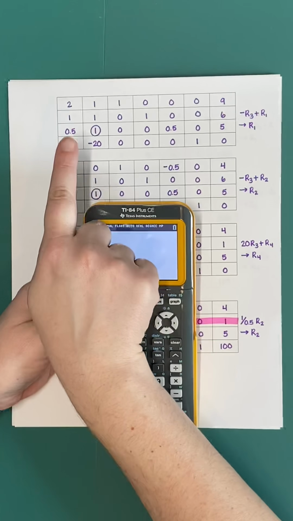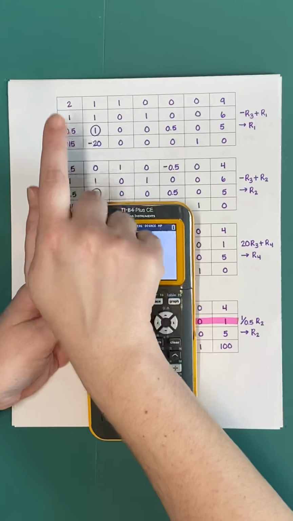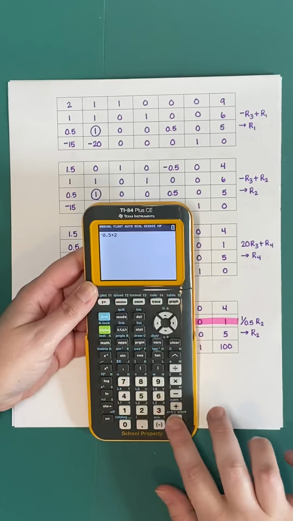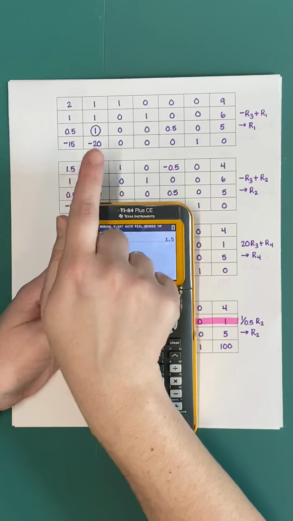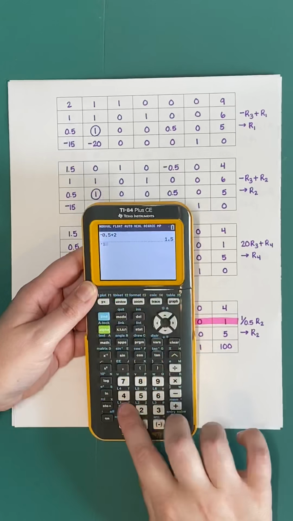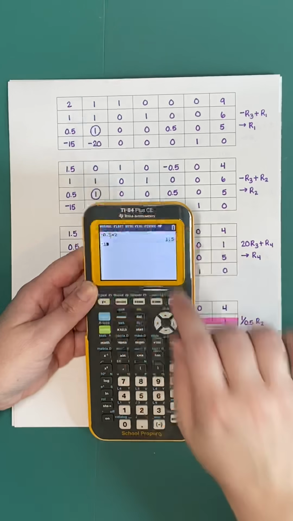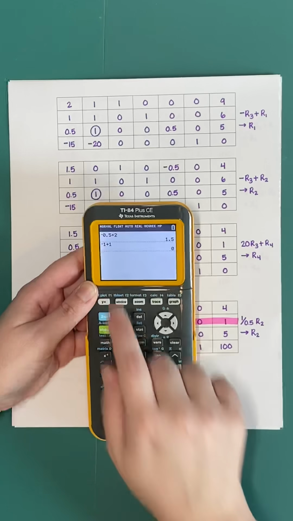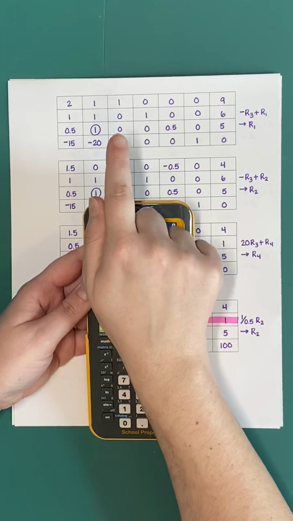So negative row 3, negative 0.5, plus row 1, so plus 2, into row 1. So there's that 1.5. That's where that comes from. Negative row 3, so negative 1, plus row 1, so plus 1, is going to give me 0. That was the goal, to get the 0 right there. Okay, let's look at the next one.